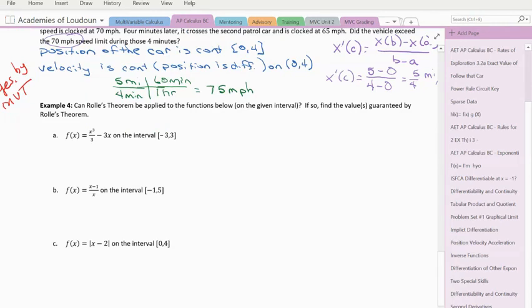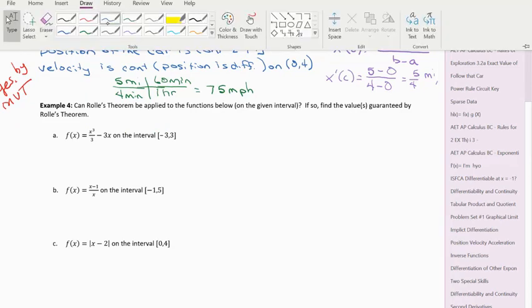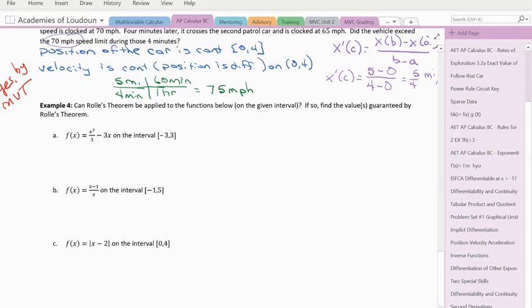Okay, so we need to look to see whether Rolle's theorem can be applied to the functions below on the given interval. So on the interval -3 to 3, f of x is continuous on -3 to 3. I know that f of x is differentiable on -3 to 3. So now I need to see what f of 3 is.